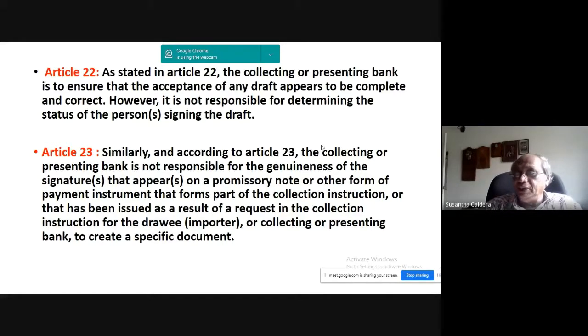This is also a very common practical situation. Sometimes we will give the customer the bill of exchange to be accepted, and it has to be signed by the authorized signatories of the company, right?